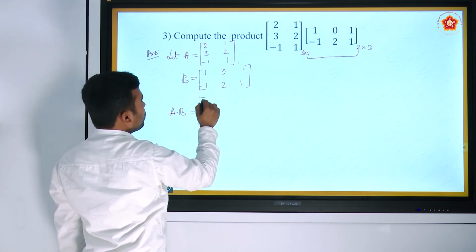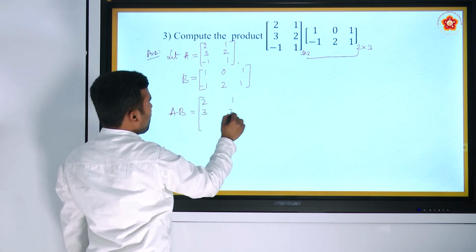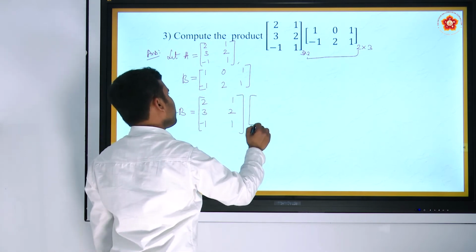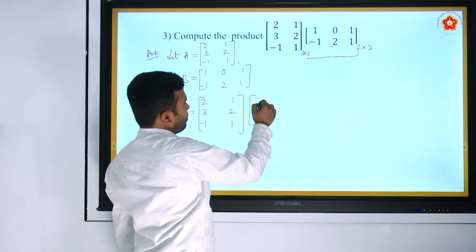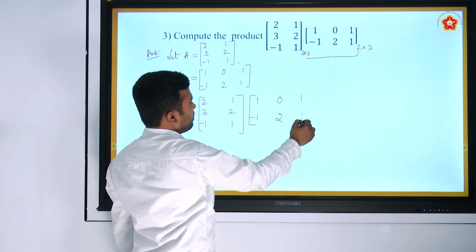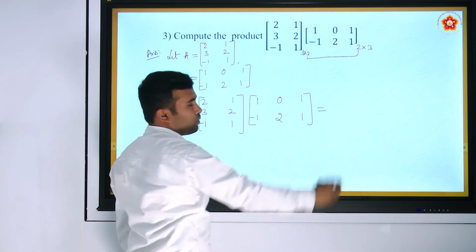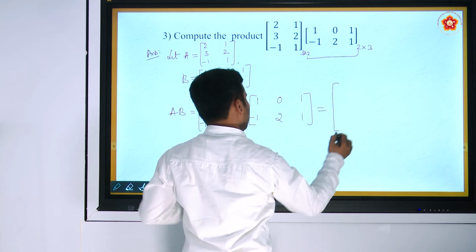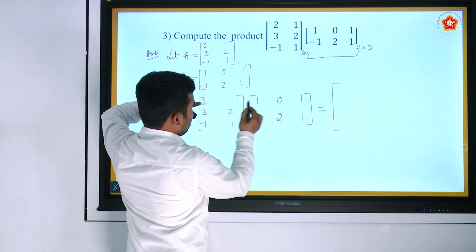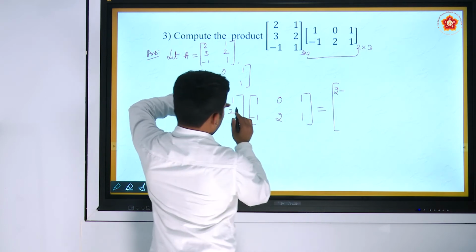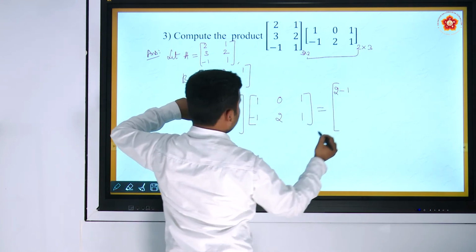So find A into B, which is the given A, 2 1, 3 2, minus 1 1, into B. So you do the same thing. 2 into 1 plus 1 into minus 1 is minus 1.